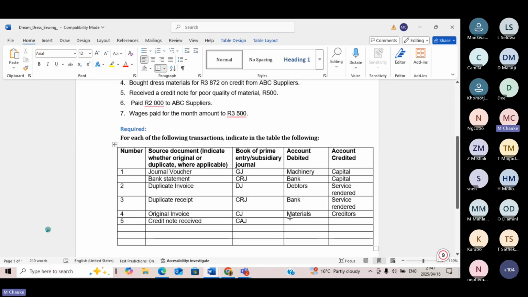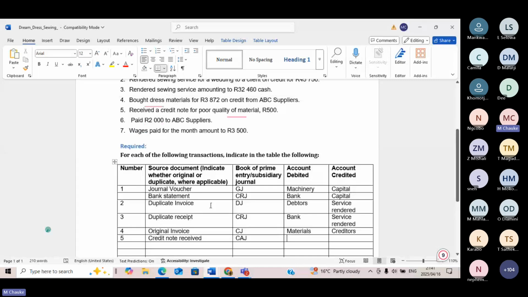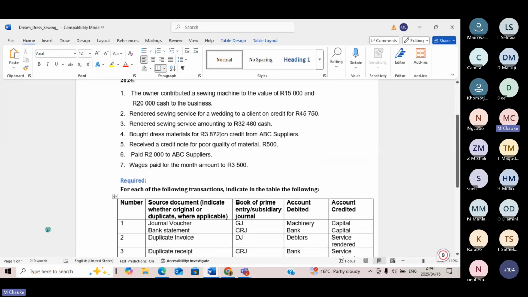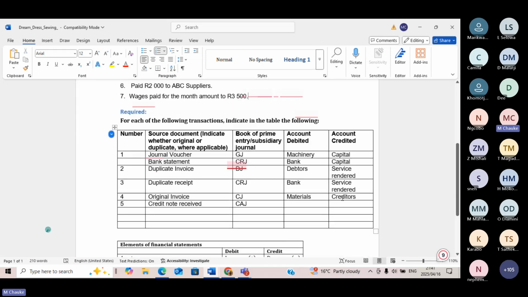Yes. All right. And now, since you are returning the goods to your supplier, remember you were owing them 3,872. So if you are returning the goods for 500, are you still going to pay them this amount? It means you have to decrease the 500 that you return the goods for. So there's a decrease in your creditors due to return of material.